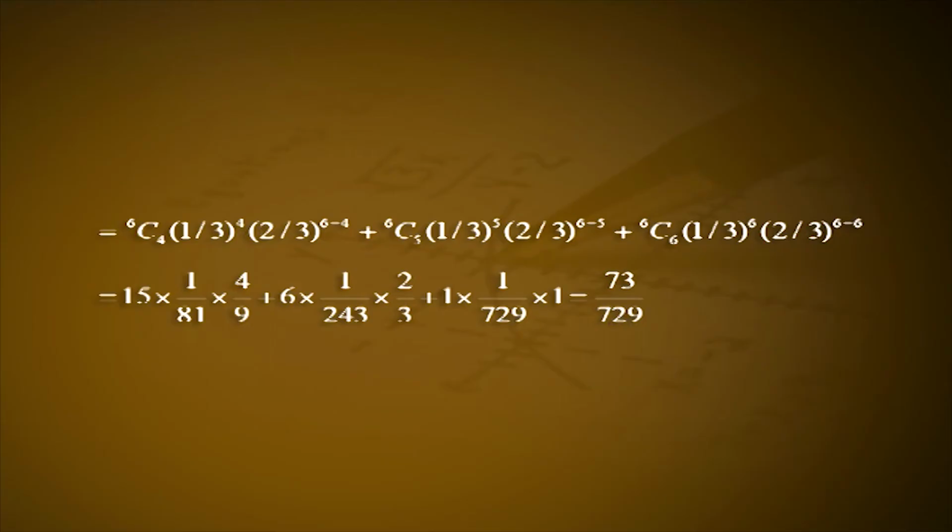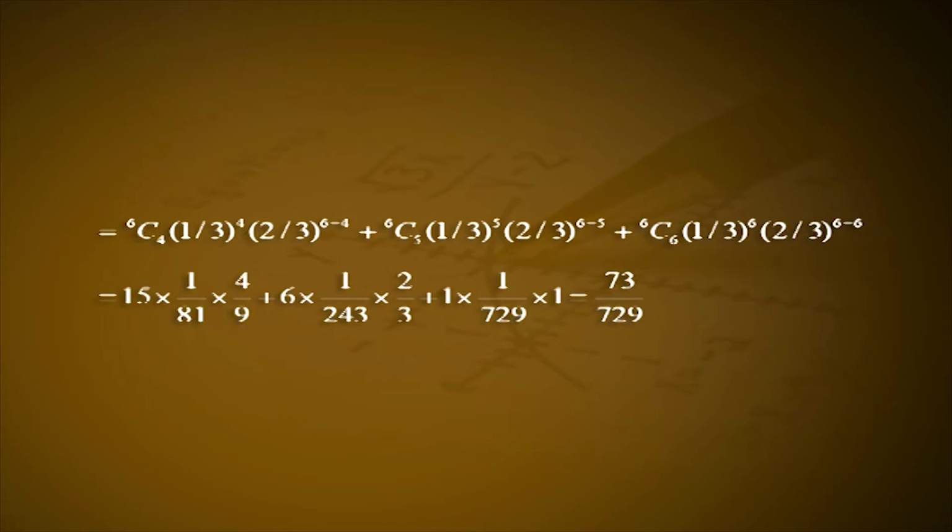In a toss of 6 dice, the probability of at least 4 dice to show the side 4 or 5 is P of X greater than or equal to 4. That is equal to 6C4 into 1 by 3 raised to 4 into 2 by 3 raised to 6 minus 4, plus 6C5 into 1 by 3 raised to 5 into 2 by 3 raised to 6 minus 5, plus 6C6 into 1 by 3 raised to 6 into 2 by 3 raised to 6 minus 6.